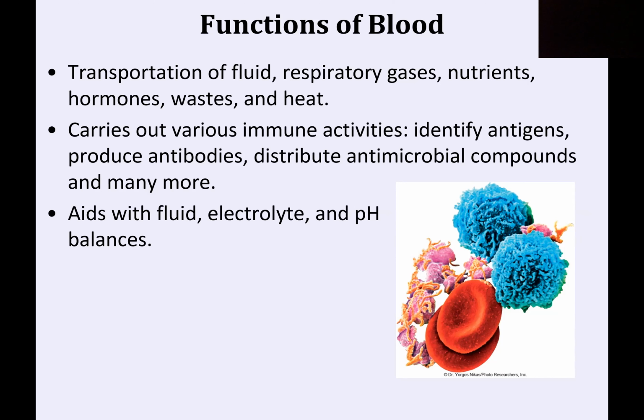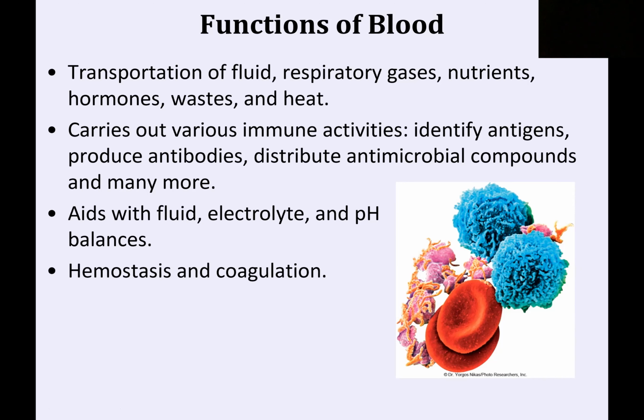Aids with fluid, electrolyte, and pH balance. This is a location for all of them. This is storage. This is a resource to pull them out. Transportation, getting them from one place to another. Hemostasis and coagulation.